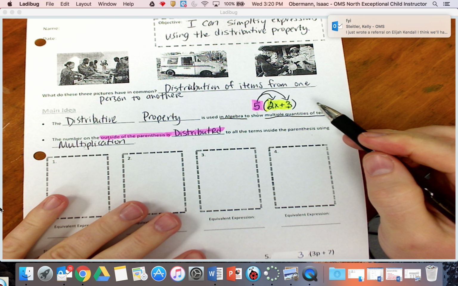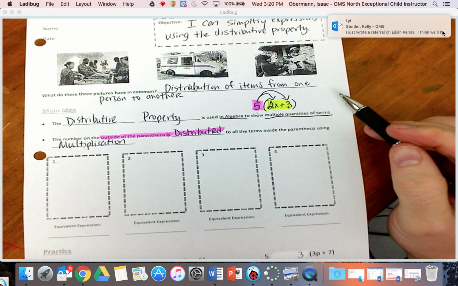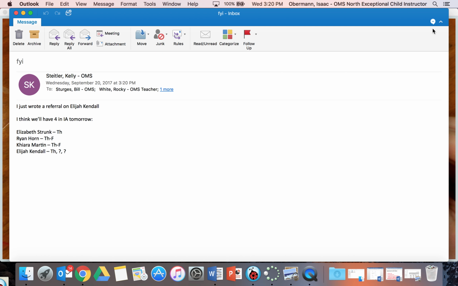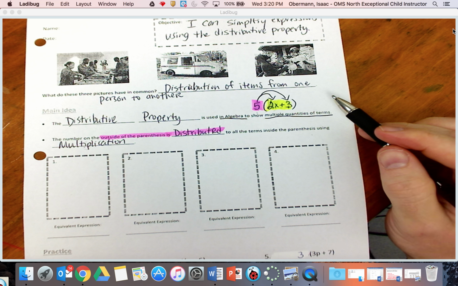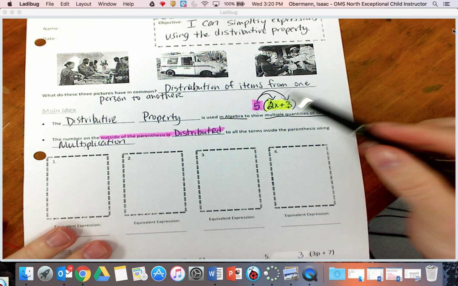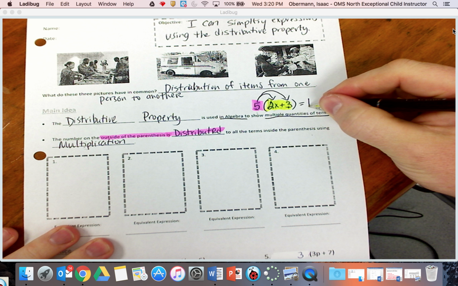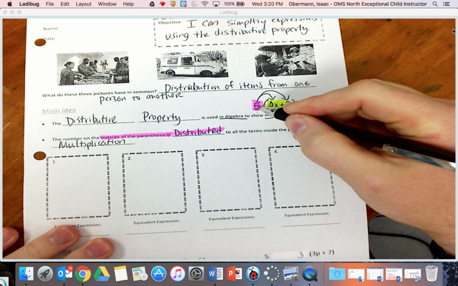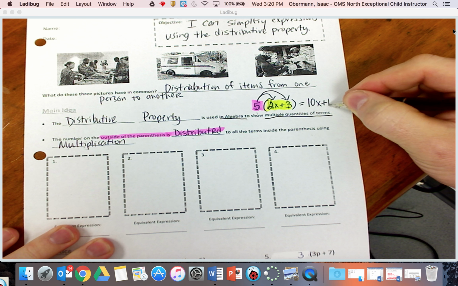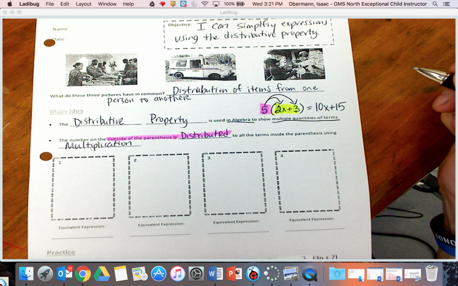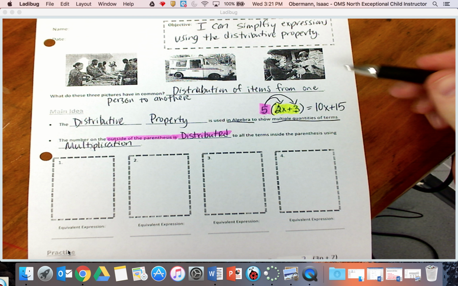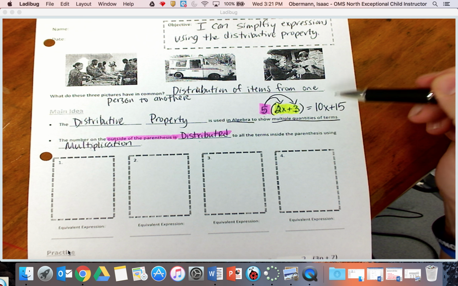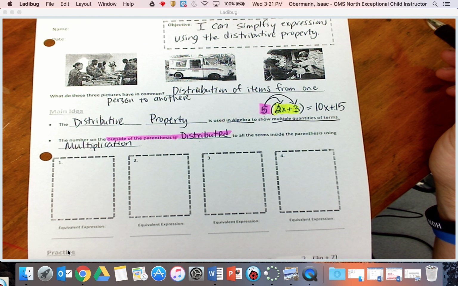So here you can see that I have 5 times 2, which will be 10x, and then 5 times 3, which will be 15. And I will be able to get my solution there, and that is my final answer. I'm able to get my answer by doing 5 times 2 gives me 10x, 5 times 3 gives me 15.